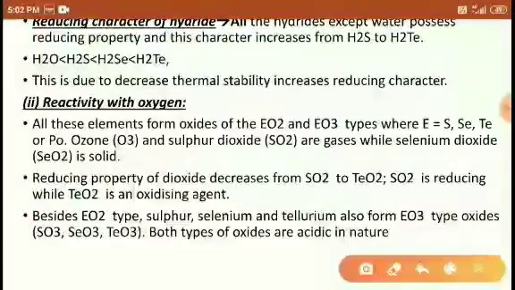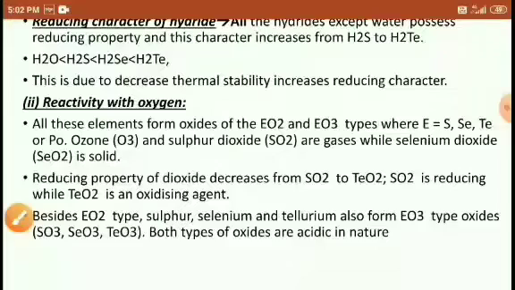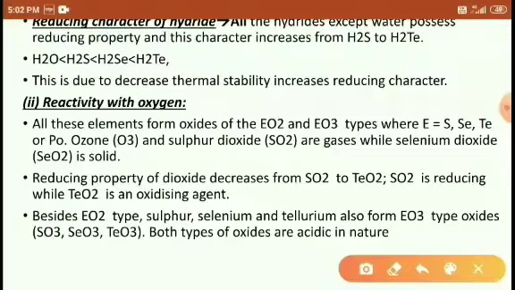One more character, the reducing character of hydrides. All the hydrides except water possess the reducing property. Hydrogen telluride shows higher reducing property than hydrogen selenide. Hydrogen selenide shows higher reducing property than hydrogen sulfide. Hydrogen sulfide shows higher reducing property than water.